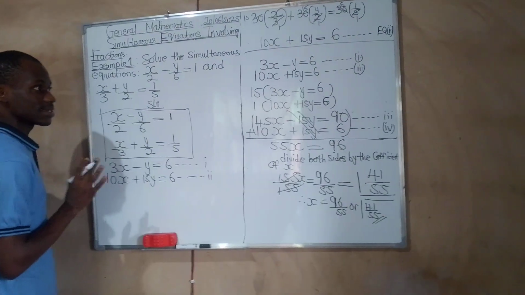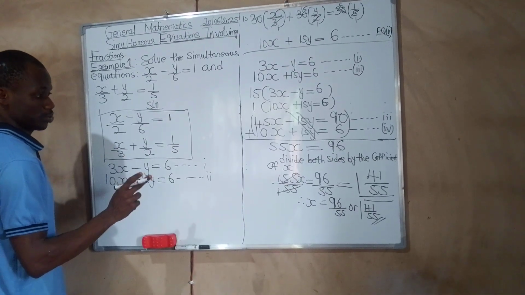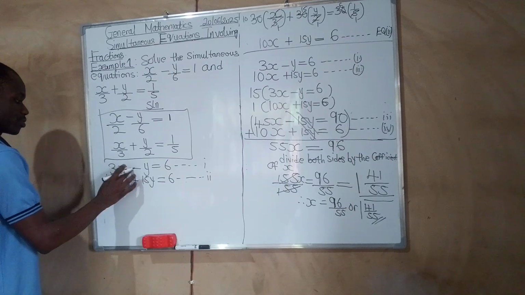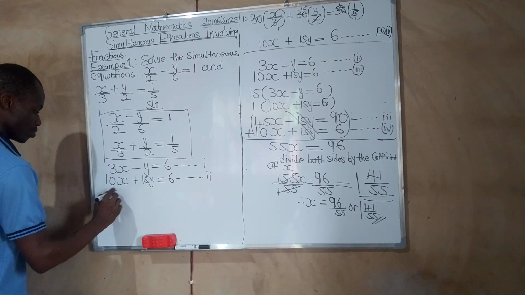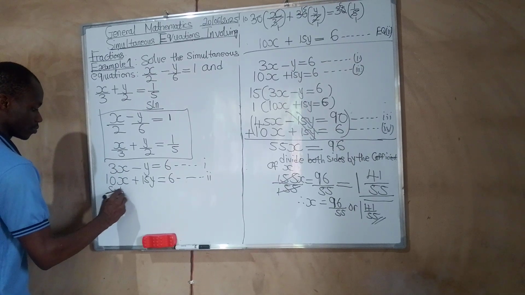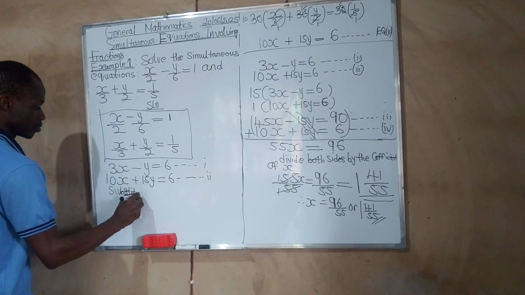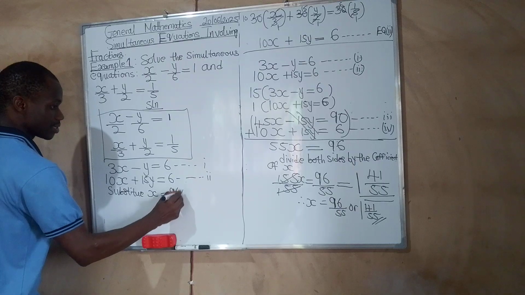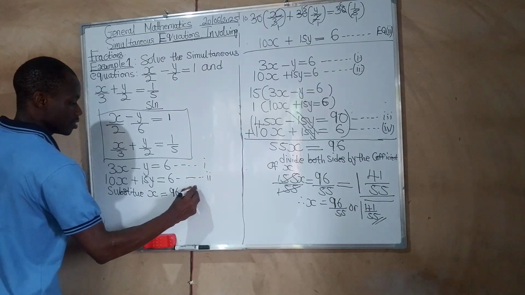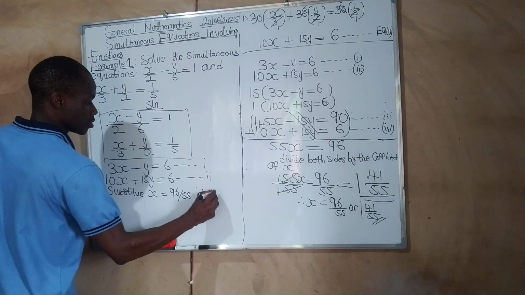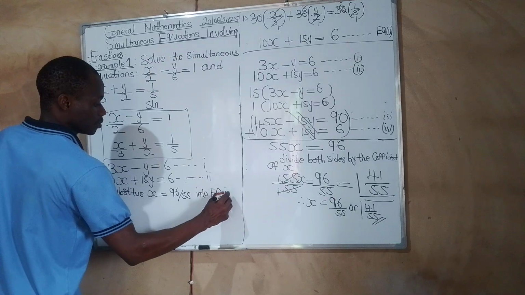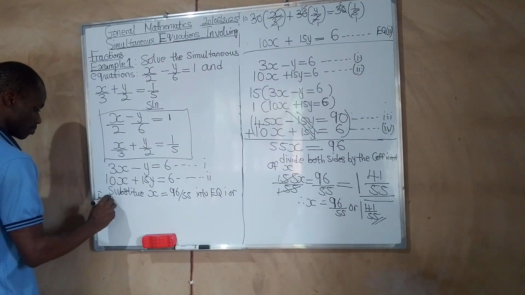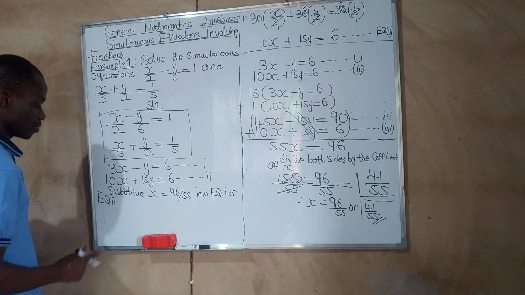We will now substitute the value of x into either equation 1 or equation 2. So substitute x equal to 96 over 55 into equation 1 or equation 2.